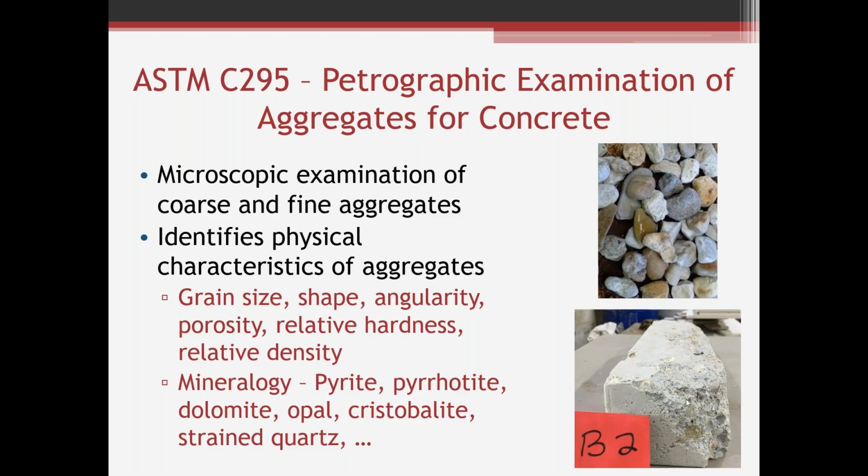And we furthered that by making some concrete and doing some freeze thaw tests, and this was the outcome here. But anyway, the idea again is rather than go through all the performance tests, maybe do a petrographic examination as a first step to see if some of these other performance tests might be warranted.